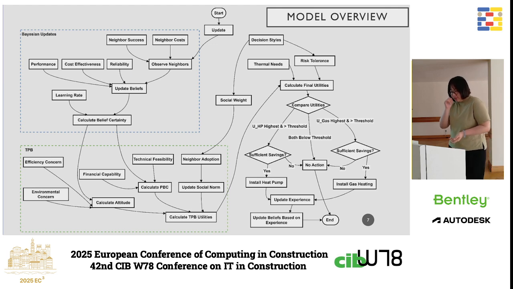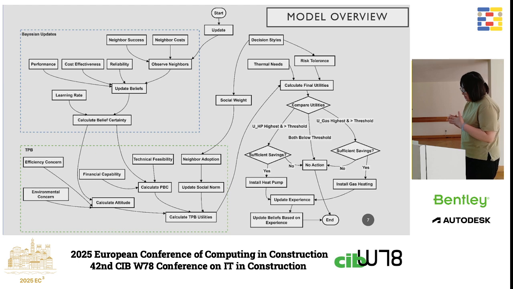Agents update their decisions based on various factors, including the recent choices made by their neighbors. Besides, households annually reassess and update their intentions and financial estimations, leading to potential changes in decision making. So now let's look at the details of this figure.